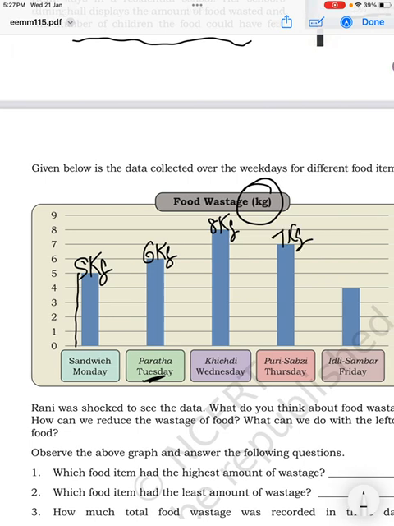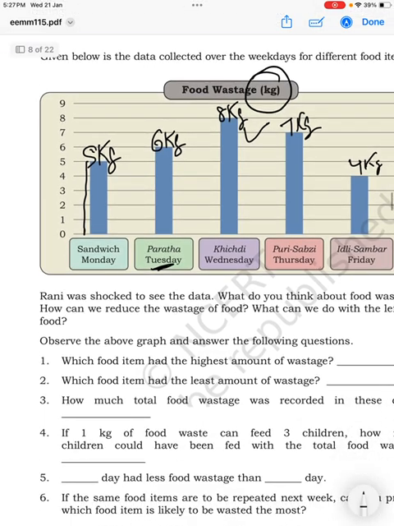Similarly, idli sambar on Friday, 4 kg. So the least wastage was idli sambar on Friday. I think students like idli sambar most, and they like khichdi least because the wastage of khichdi was most on Wednesday.